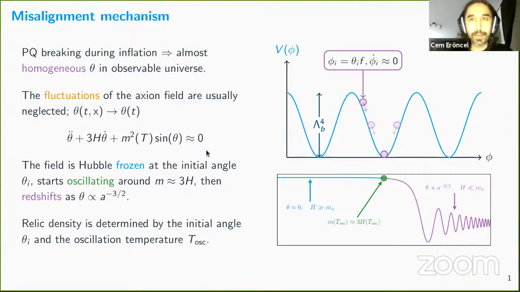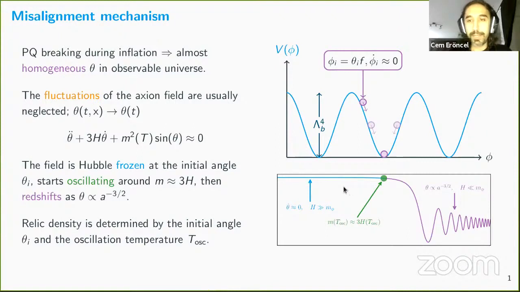When we solve this equation with the initial condition where the initial kinetic energy is neglected, is 0, what we see is that the field is initially Hubble frozen due to the strong Hubble friction, and later it redshifts as a^-3, which implies that the axion energy density redshifts as matter.